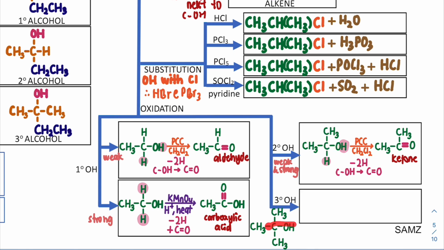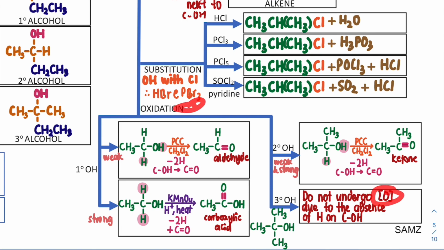But in this C-OH, there is no hydrogen attached at all. All are CH3, another carbon, and carbon. So our tertiary alcohol cannot undergo oxidation. I'm just going to write down: tertiary alcohol does not undergo, in square brackets, oxygen, which means oxidation.